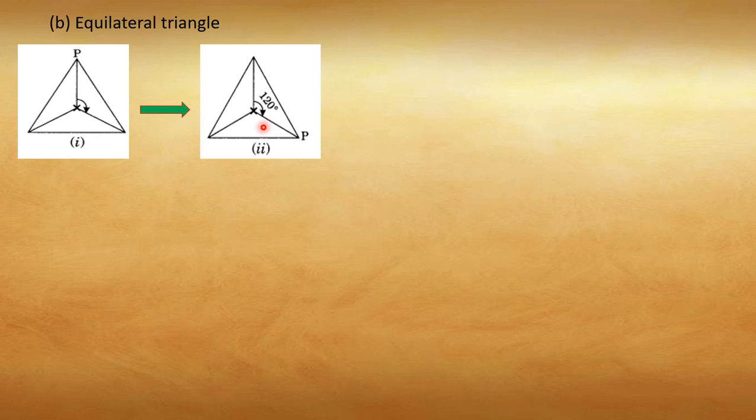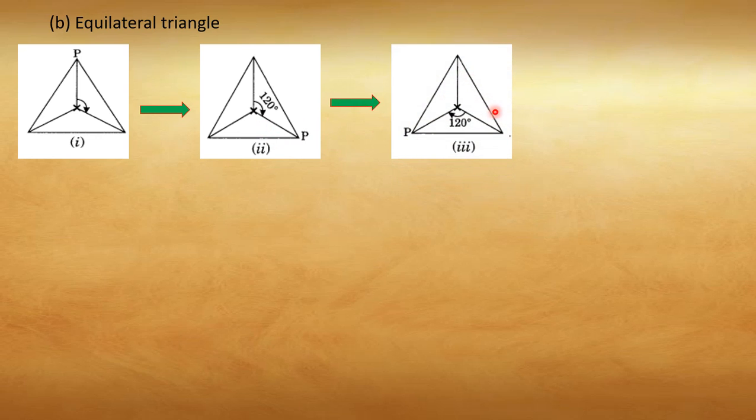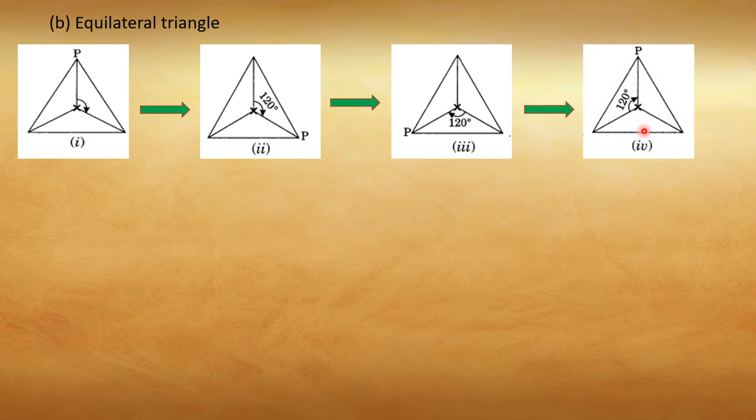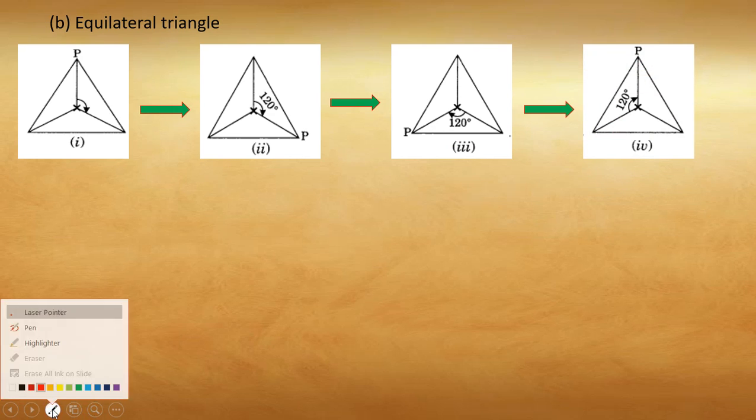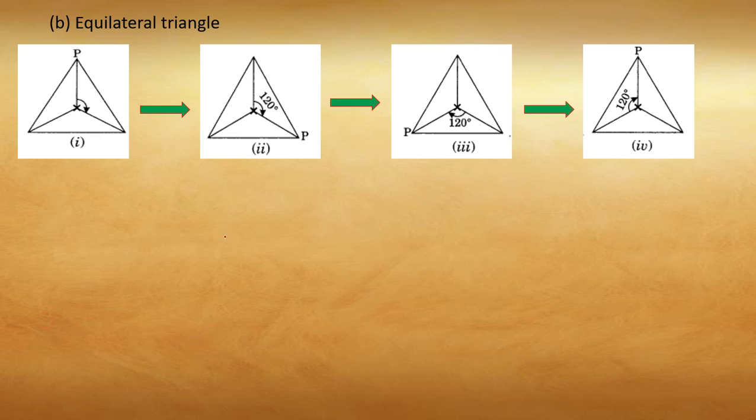Again, when it turns by 120 degrees, this P will appear here, but the figure is the same equilateral triangle as previously. Again, when it turns by 120 degrees, we get the same figure it was from where we started. So this is one turn, two turns, this is the third turn.